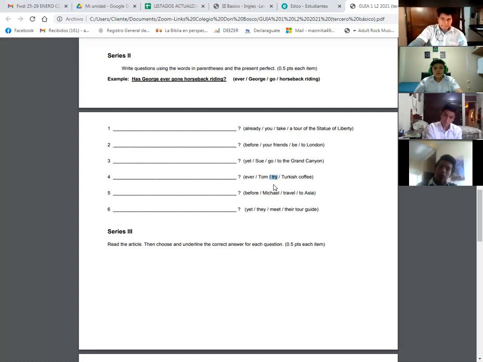Regular verbs don't change, okay? What we need to do with them is add either D, ED, or IED. Okay? This is how it works.